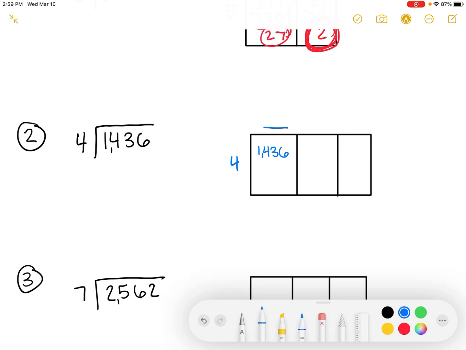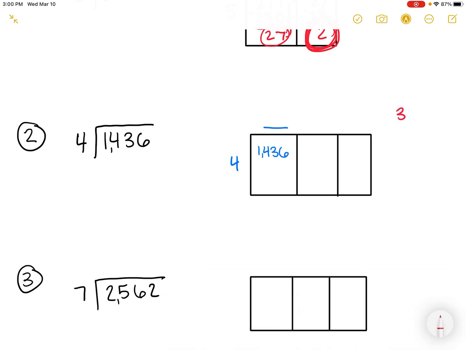I'm going to try some hundreds. So let's see. We can do 100, 200, 300, 400, 500, 600, 700, 800, or 900. I'm going to start with 300. Let's see. So 300 times 4, we get 1,200.